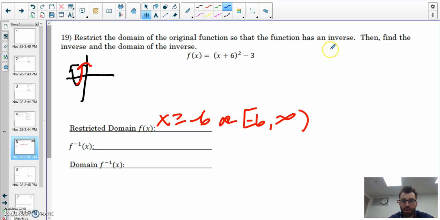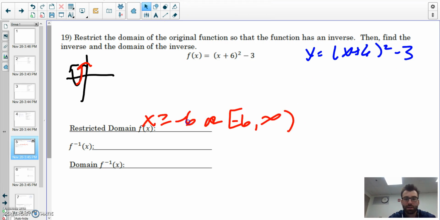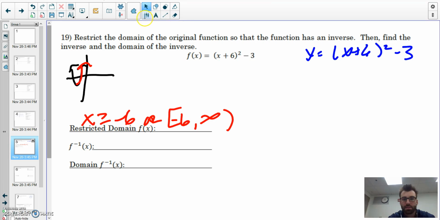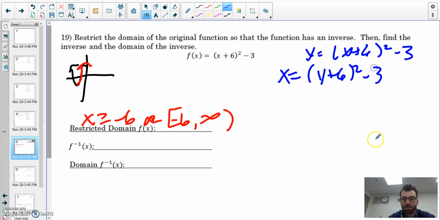Okay? In order to find an inverse now, remember this is the same as y equals x plus 6 squared minus 3. Okay, so what I need to do is replace x with y and solve for y. So now I have x equals y plus 6 squared minus 3.